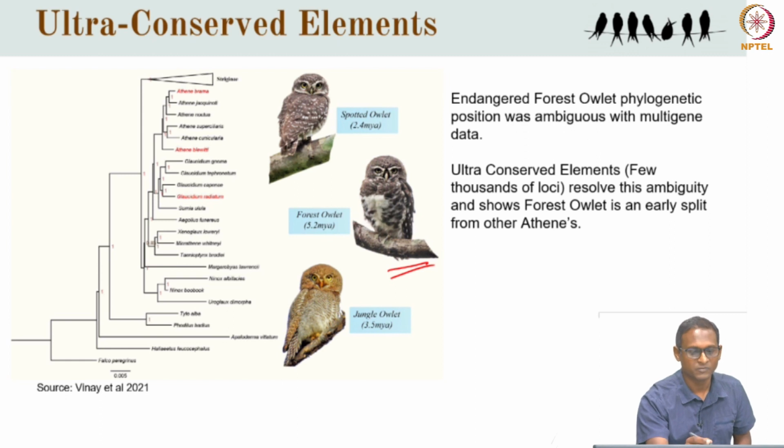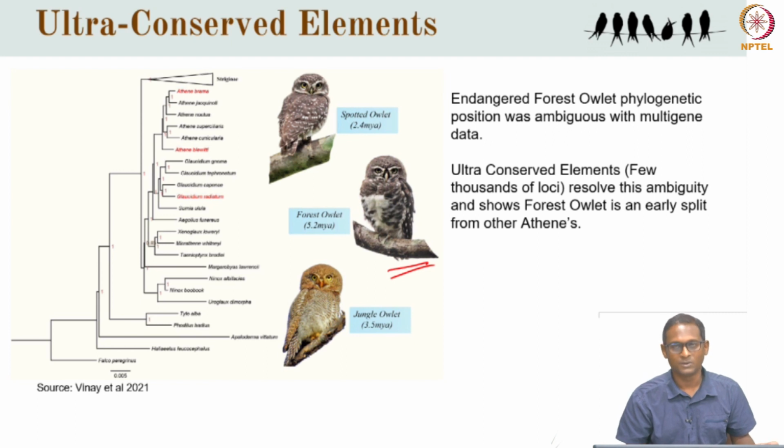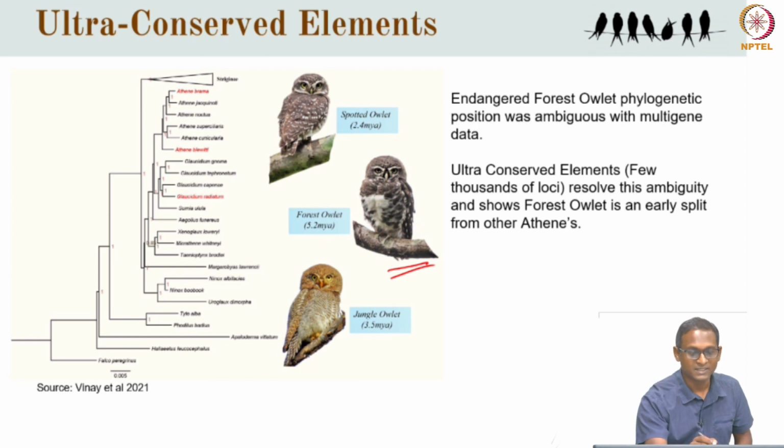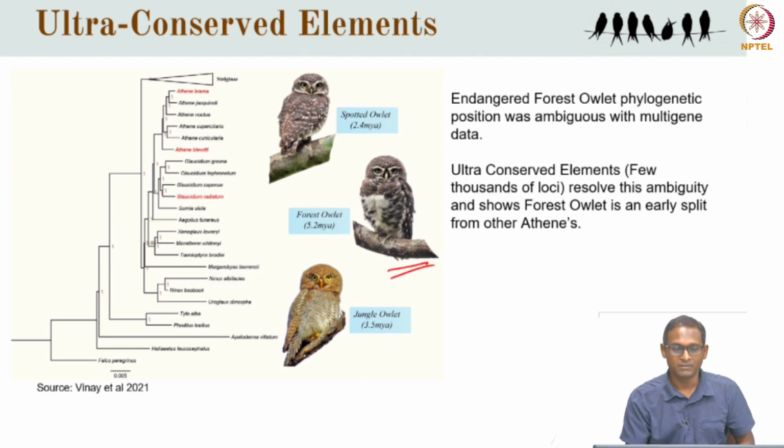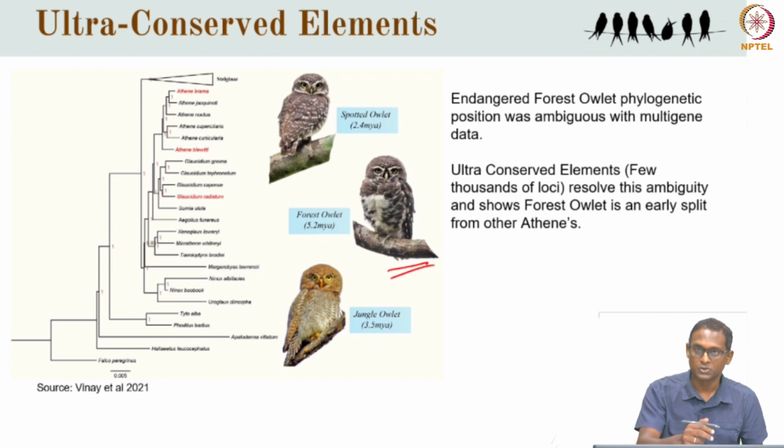What was its relationship with other Athene? Once we had this nearly 4,000 loci data, what we can more or less confirm is that this is an early split from the other Athene. It is an early lineage which split from the rest of the Athene, and we still suggest that it be retained as Athene, as a member of the Athene group, to show its evolutionary relationship.